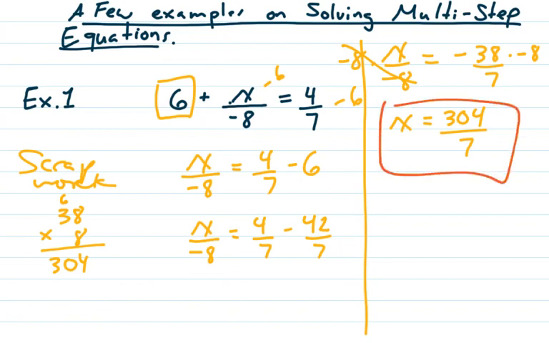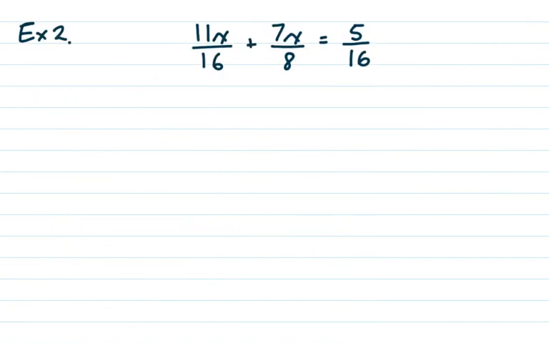On to the next example. Example 2, I have 11x over 16 plus 7x over 8 is equal to 5 over 16. All right, so in order to combine these terms, I need common denominators. In this case, I know that 8 times 2 is 16.